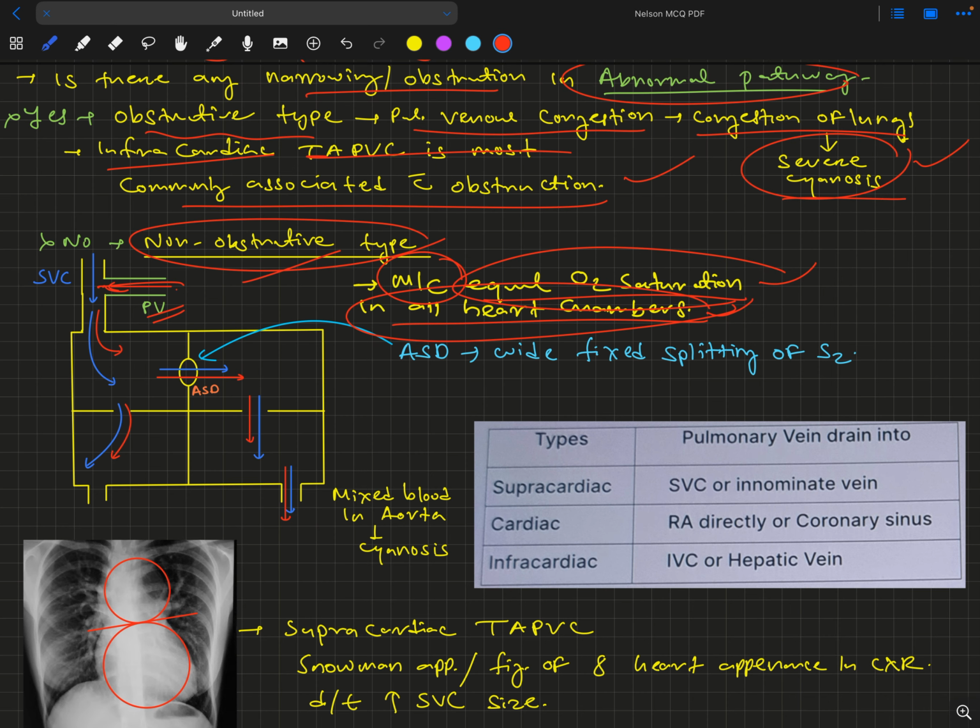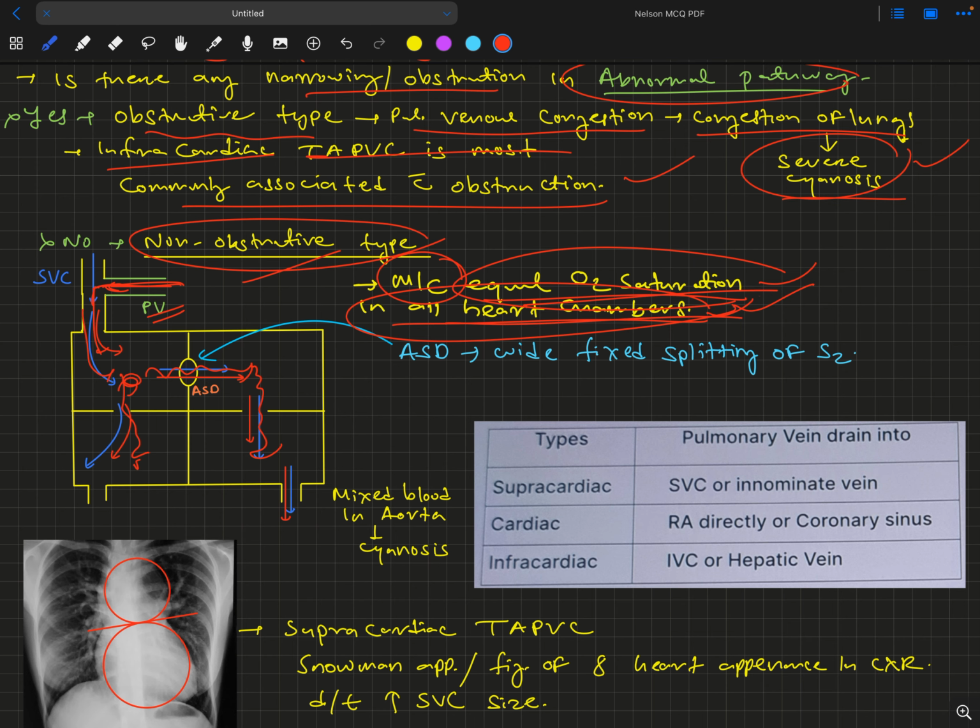This abnormal vein or pulmonary vein joins with the superior vena cava. Both oxygenated blood and deoxygenated blood come here, and via the ASD they go to the left atrium, via the mitral valve to the left ventricle, and also to the right ventricle. So there is equal oxygen saturation in all four heart chambers in non-obstructive type of TAPVC.